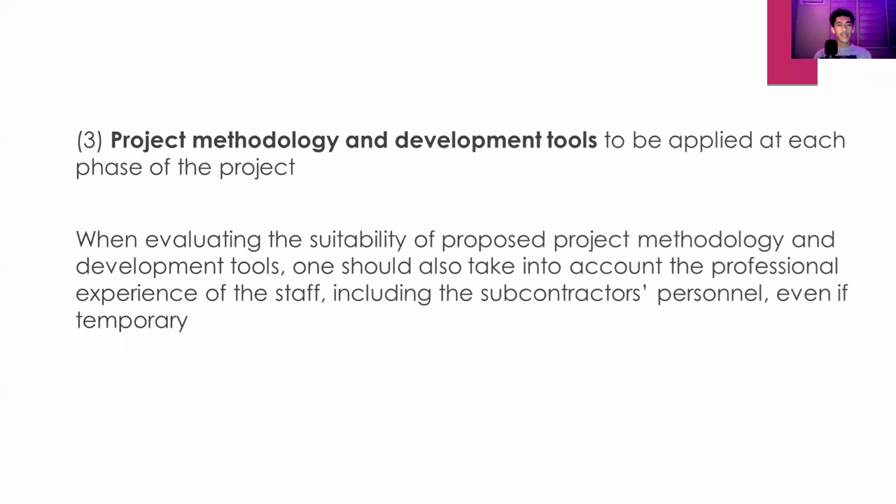Third element of a quality plan is project methodology and development tools to be applied at each phase of the project. When evaluating the suitability of proposed project methodology and development tools, one should also take into account the professional experience of the staff, including the subcontractors' personnel, even if temporary.